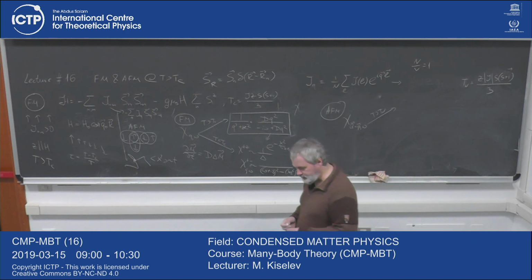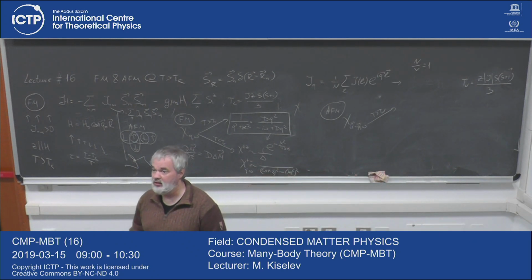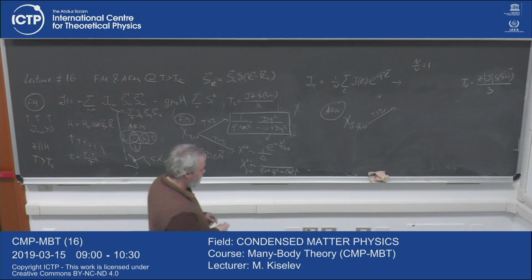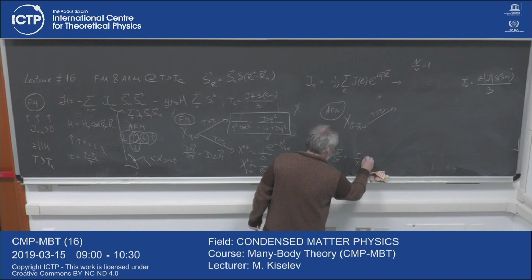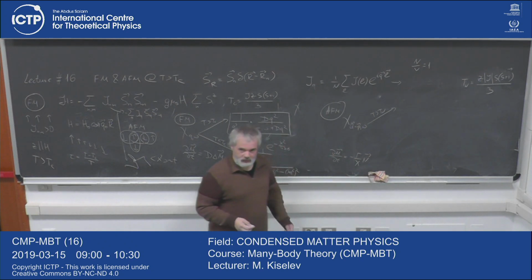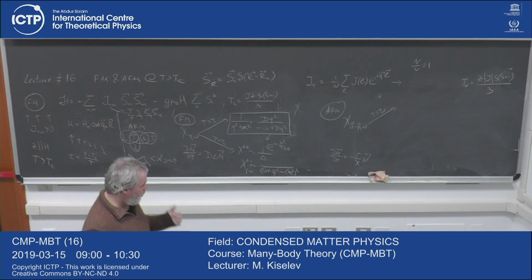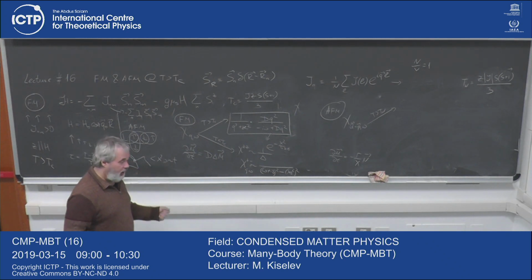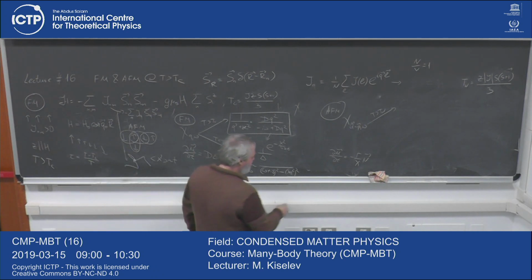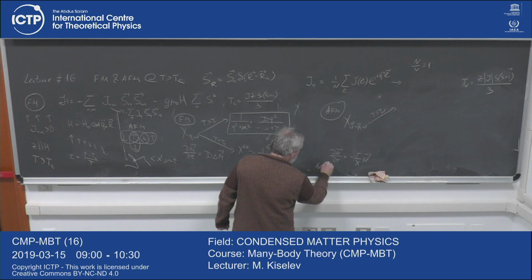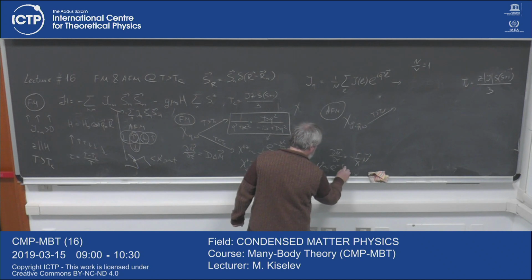Therefore, its dynamics is purely relaxational. Namely, the behavior of the staggered magnetization, dN over dt, is minus gamma times chi N. So the expansion starts with a constant, because the commutator between the staggered magnetization and the Hamiltonian is not equal to 0, which means N is proportional to N_0 e to the minus gamma t.